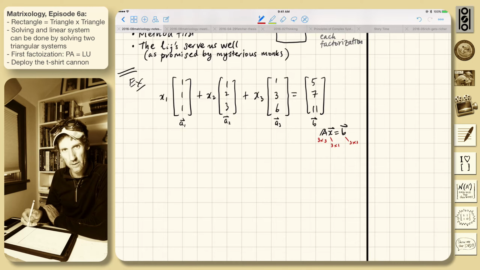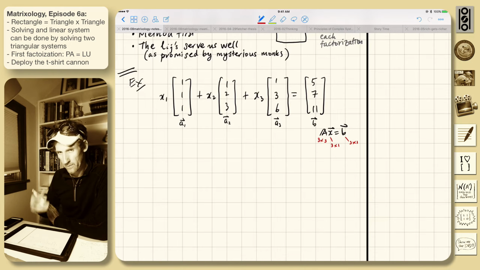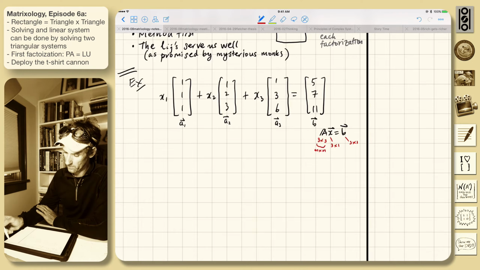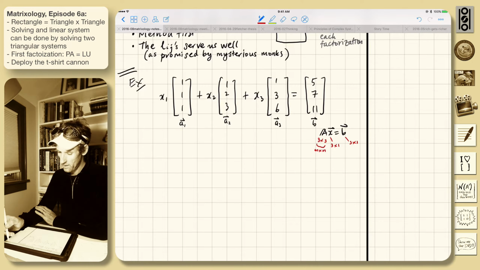Now we'll get to rectangular systems after the first exam, in the second stage of the course. This is m by n as always. So the examples today will really be square for a little bit. Okay, off we go.